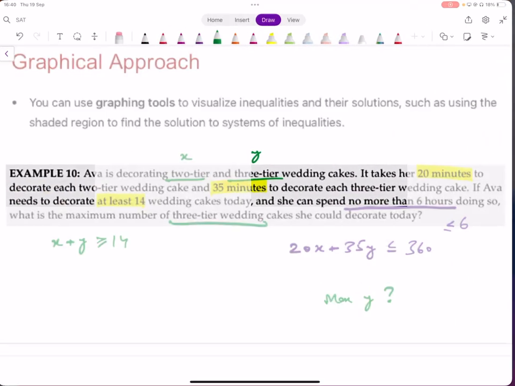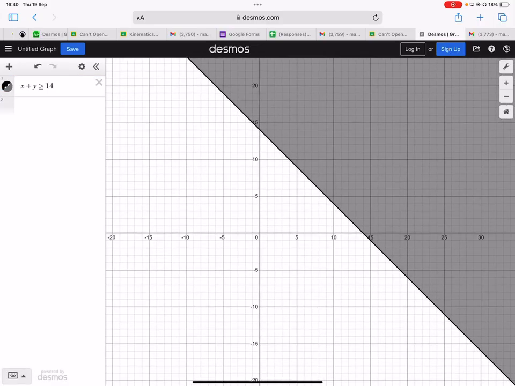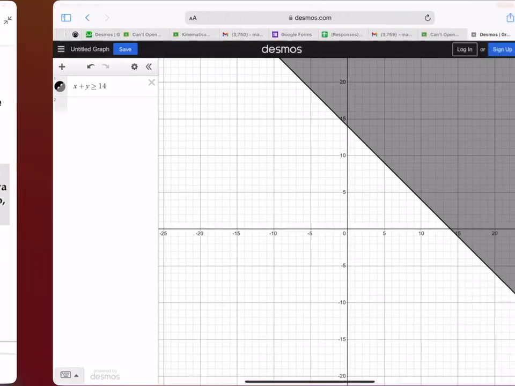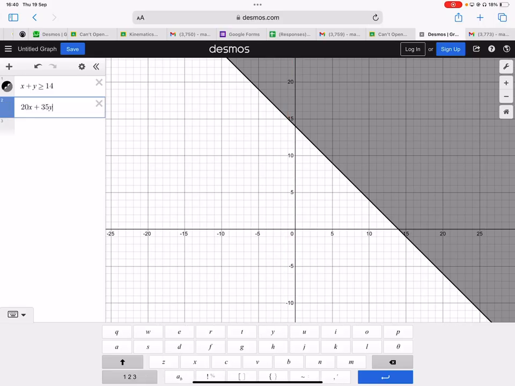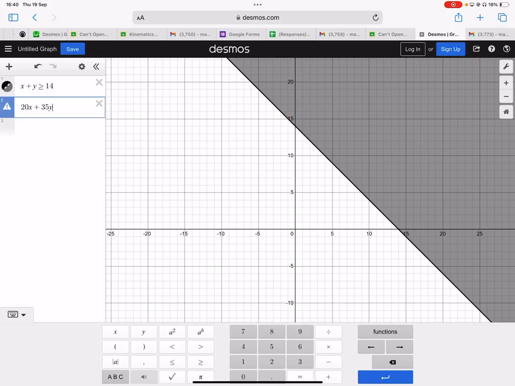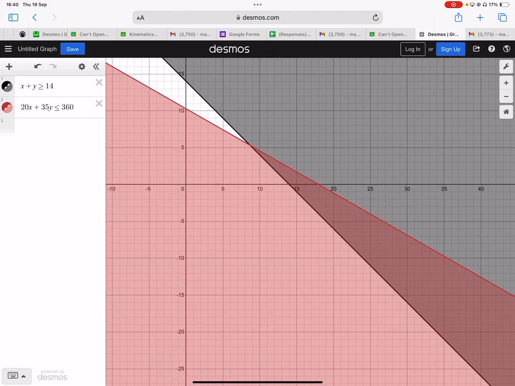This is one inequality. And the other one is 20x plus 35y, that is less than or equal to 360. Is that okay? These are two inequalities that we're getting.